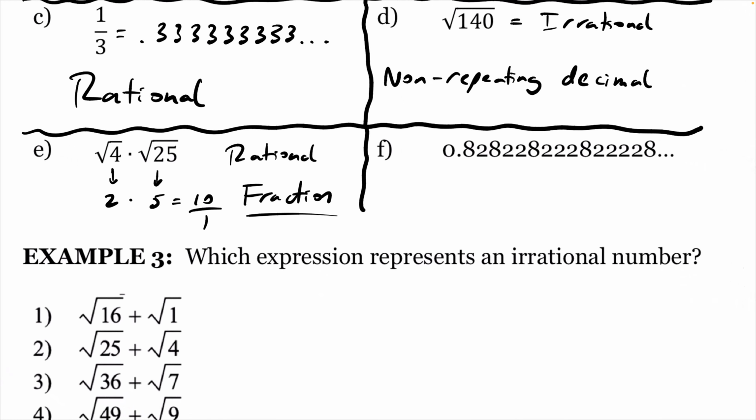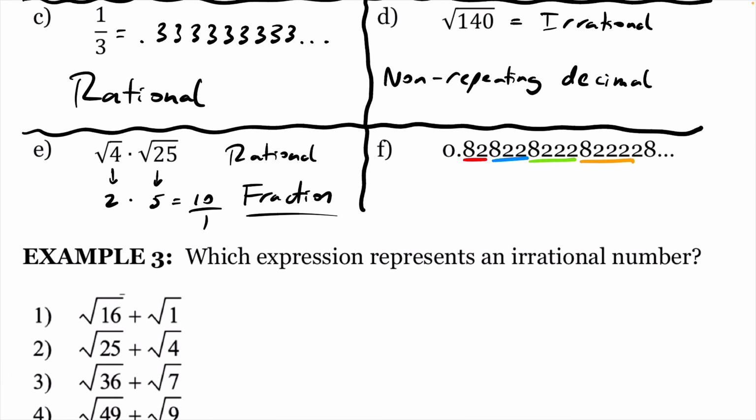F. F's kind of tricky. It's a decimal. Does it repeat? No. There's a pattern, but it doesn't repeat. What's the difference between a pattern and a repeat? I'm going to underline the pattern. That's the pattern. But is it the same number repeating every time? No, it's different. If it was 0.82, 0.82, 0.82, that's repeating.